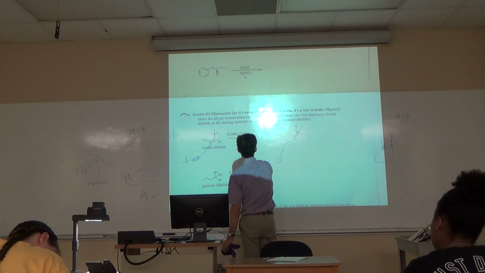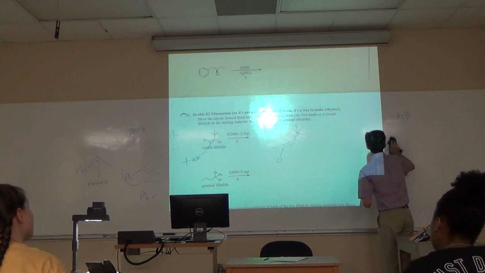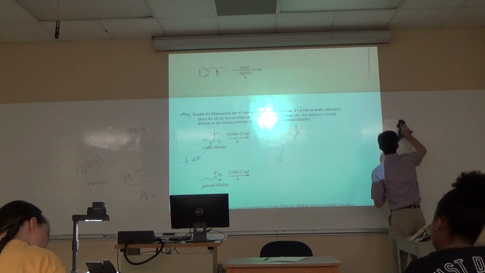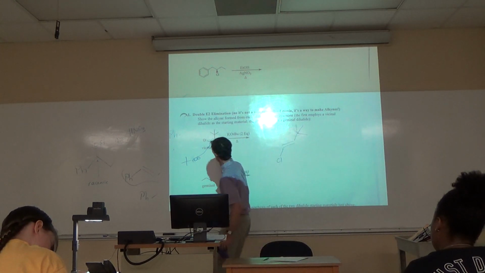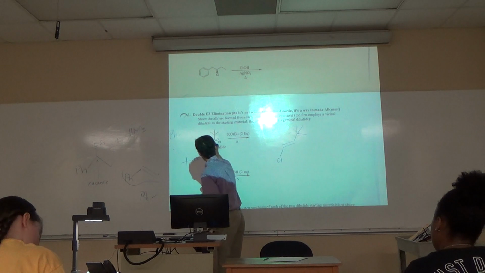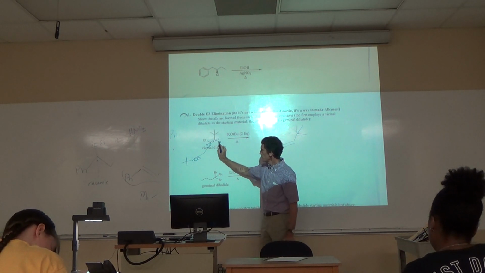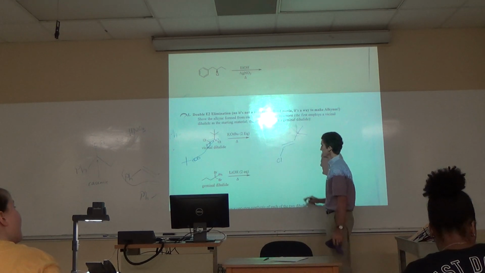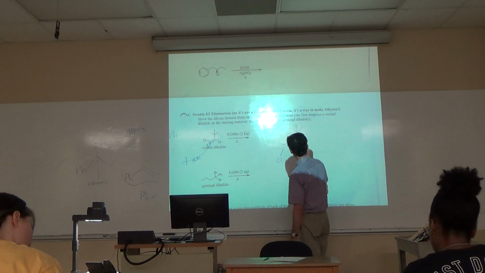Remove HCl. There are two H's here. Both of them, you can rotate this, both of them can be anti-coplanar to the chlorine. When you have a choice, we're going to make the more stable alkene. But this can actually eliminate again.